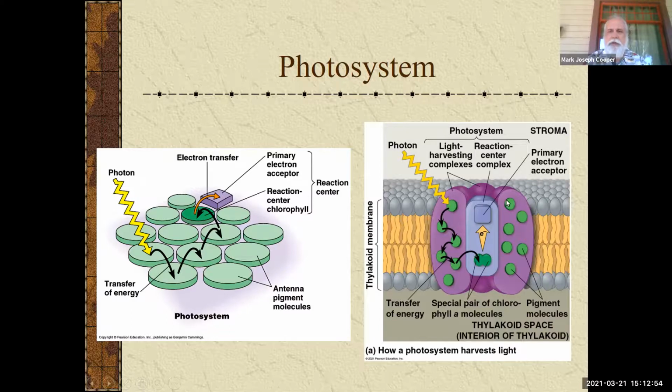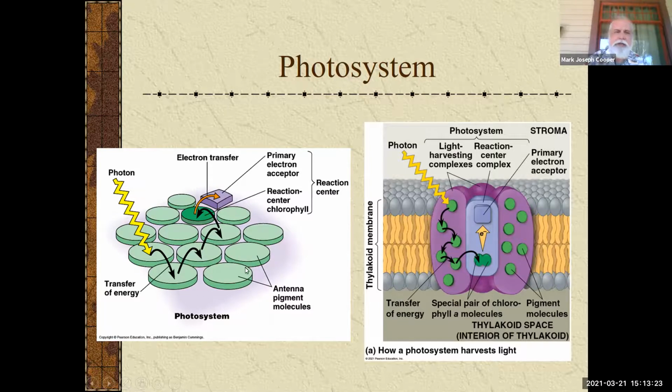And then there is the special pair of chlorophyll A molecules that would be the reaction center, and the electron pops up to what we call the primary electron acceptor. Okay, so this is happening in the interior, in the thylakoid membrane. And you can see here's the stroma on one side, and here is the thylakoid space, the hollow inside the thylakoid, on the other side.